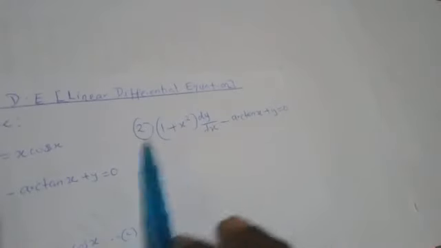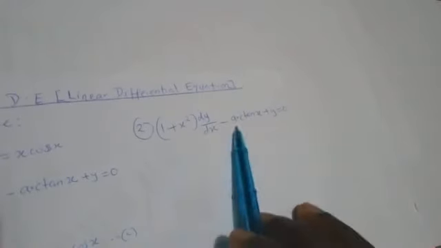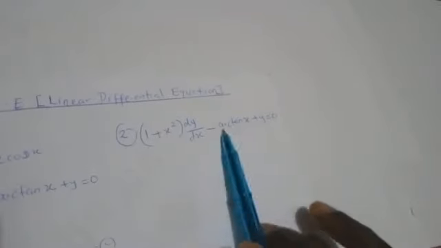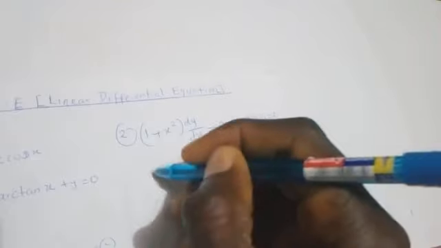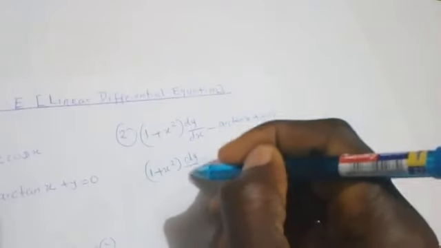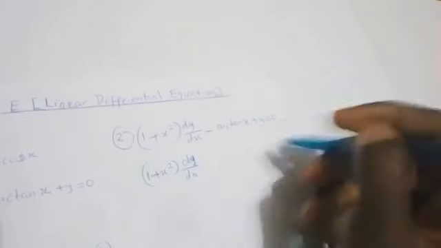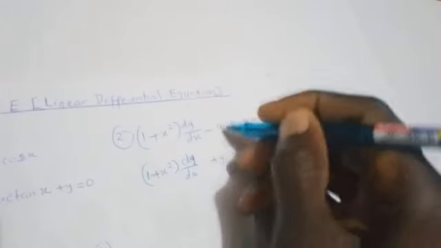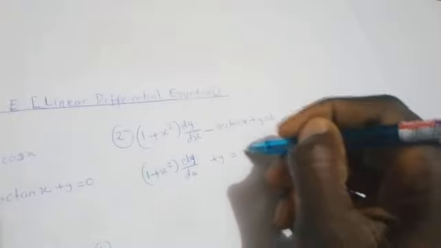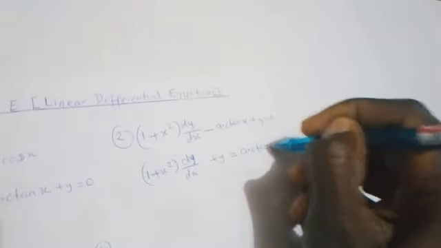You are going to divide all through by 1 plus x squared. But it's very good we move this to this side. Do you get now? So we're going to have (1 plus x squared) dy/dx plus y equals, if this crosses to this side, 0 plus tan x.